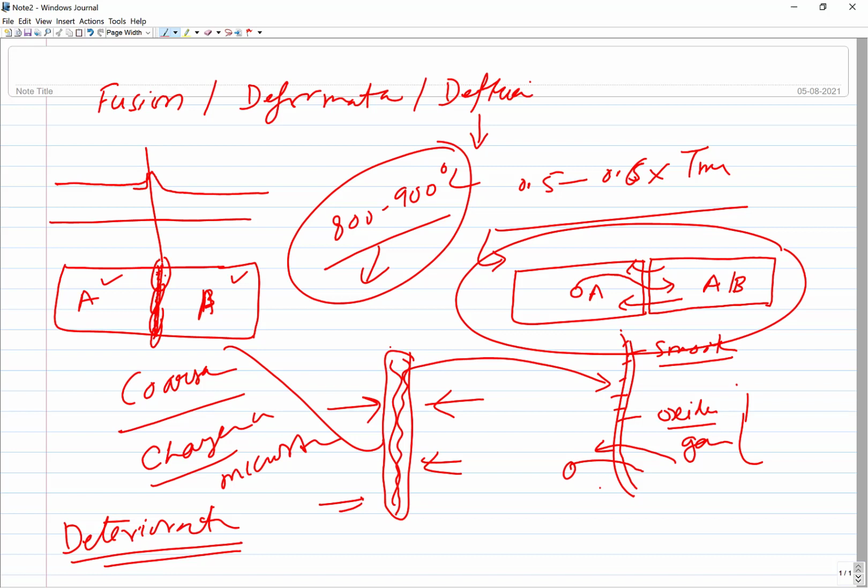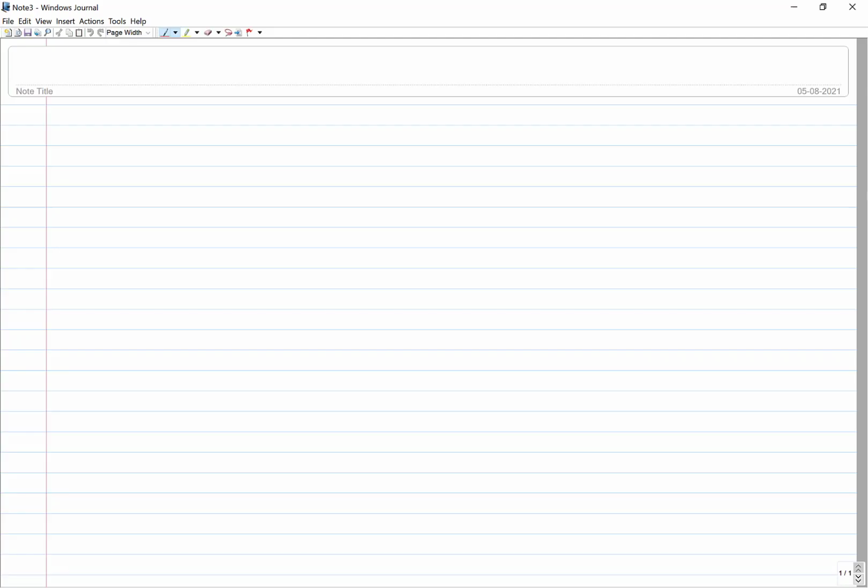So this is the case when we have the perfect joint. On the other hand, if we have a diffusion bond where there are a few voids, then certainly the joint strength is going to be weak, and the hardness distribution will also be weaker as per the case.